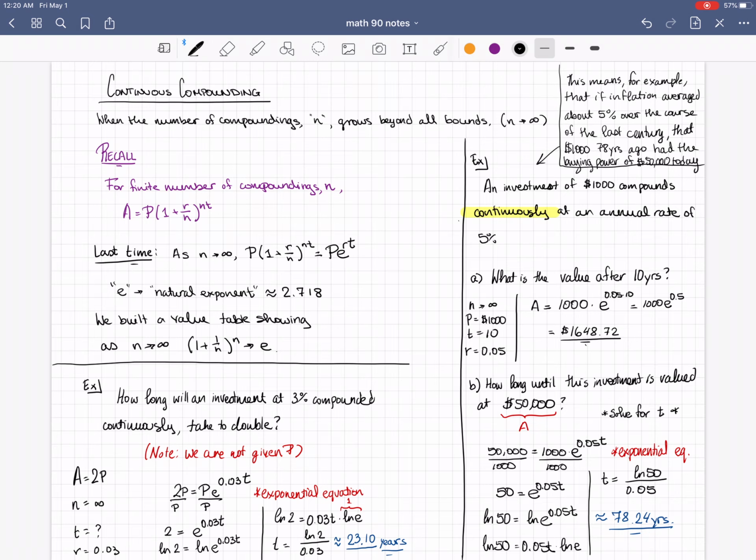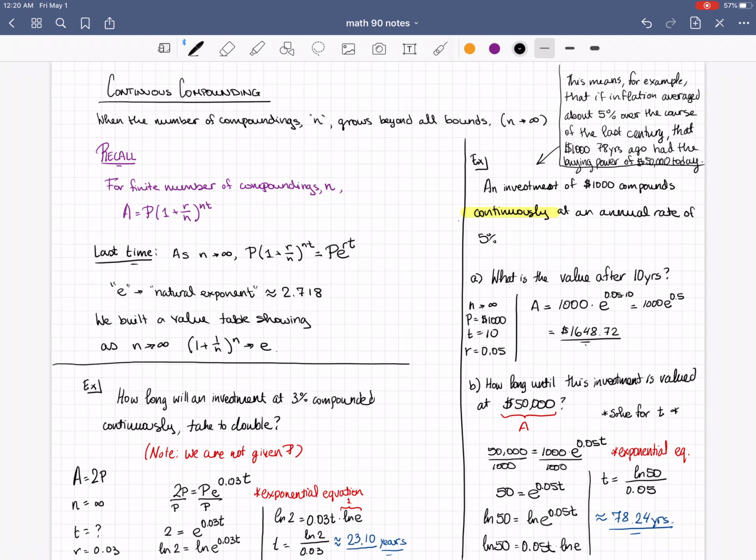So the things that you could buy, so kind of think to yourself, if you had $50,000, what could you buy? Well, those sorts of things are the sorts of things that you could buy for $1,000 78 years ago.